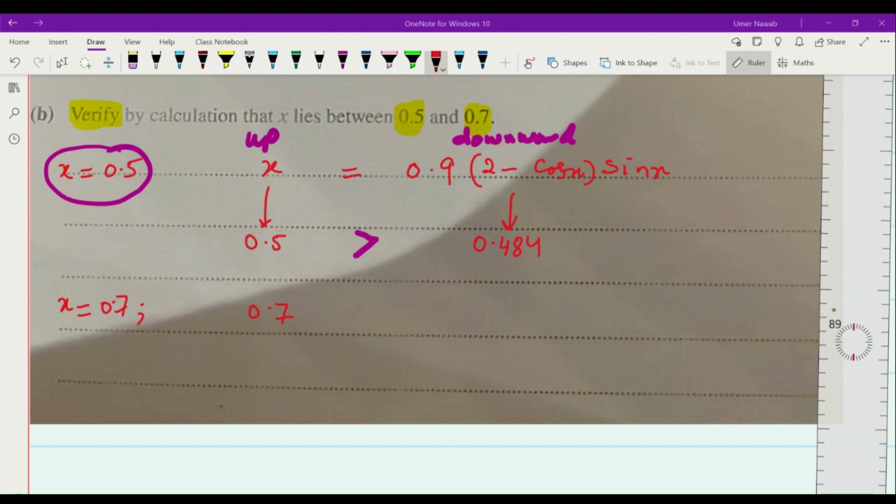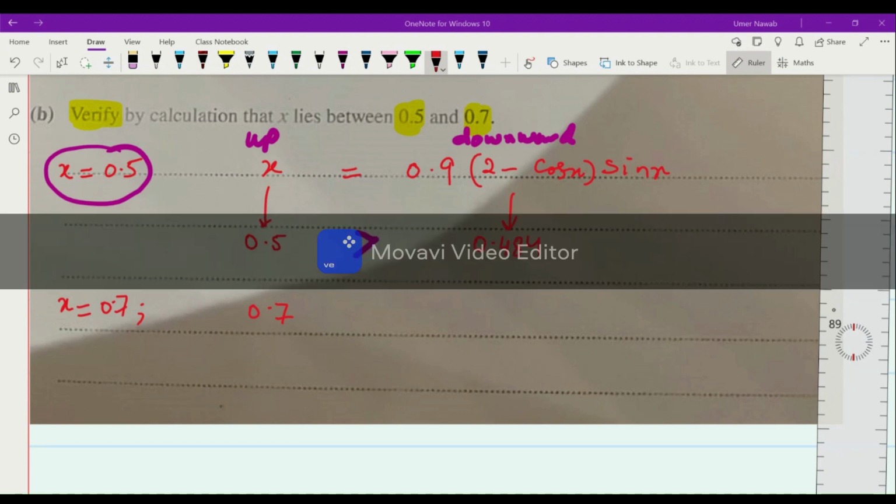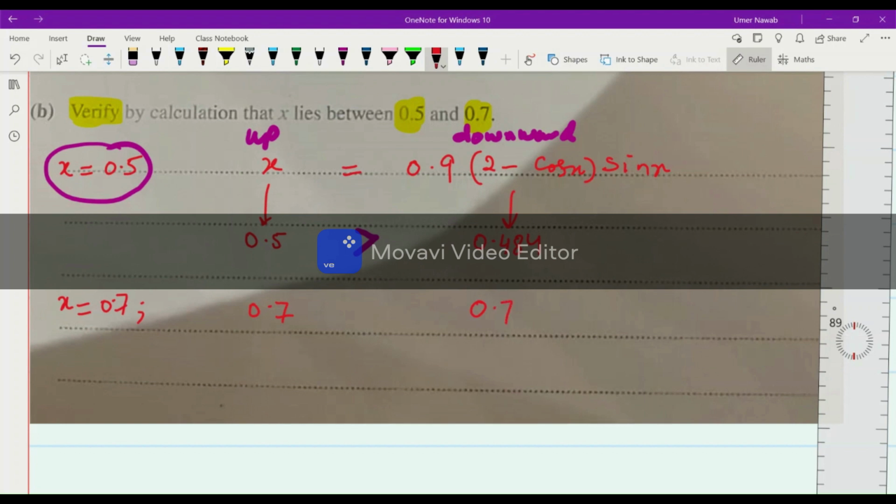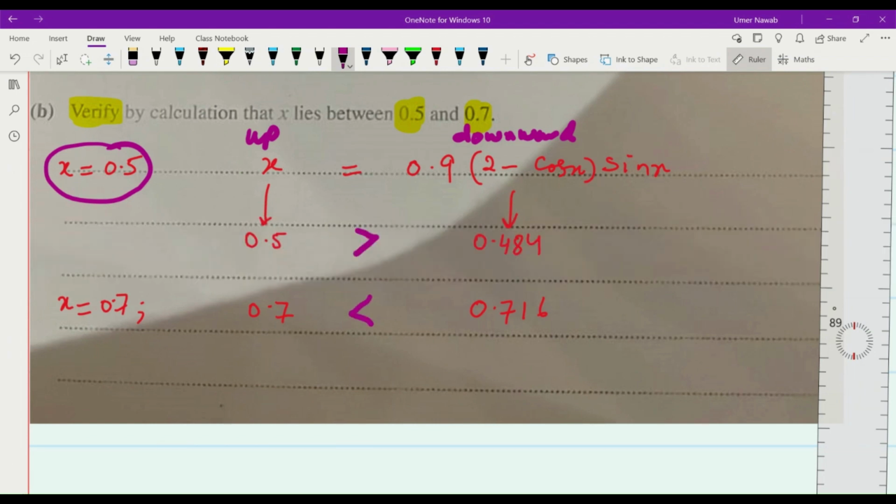What answer comes to me? 0.716 approximately. Did you take notice of this? In this situation, the right hand side is bigger than the left hand side.